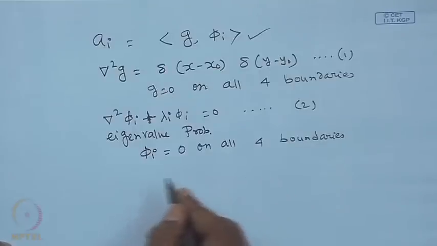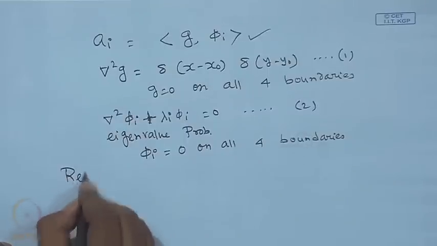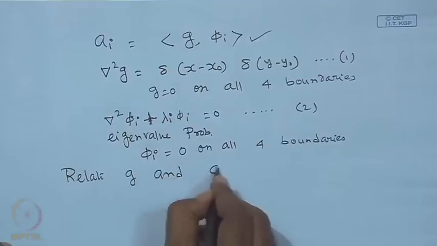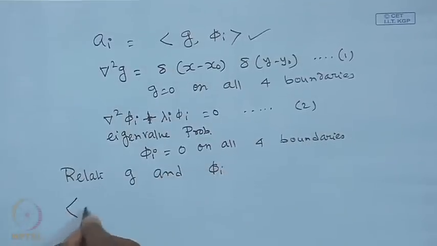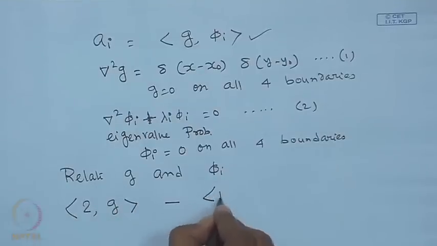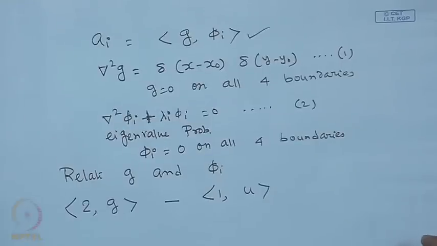So, now what do we do? We relate g and phi I. How to relate g and phi I? Take the inner product of 2 with respect to g, take the inner product of 1 with respect to phi I, and then subtract. If you do that, let us see what you get.